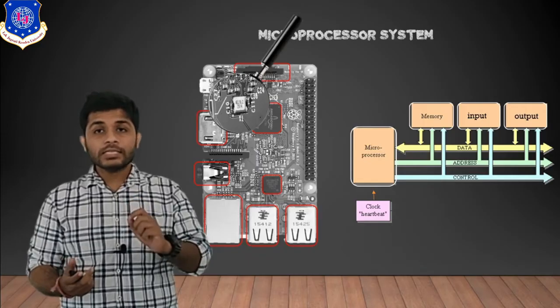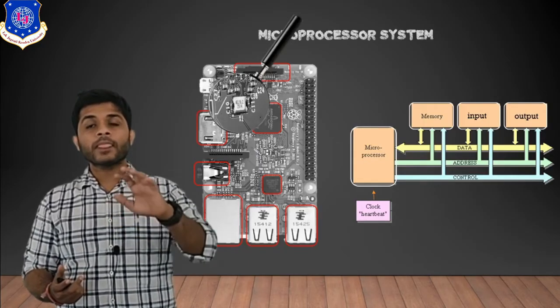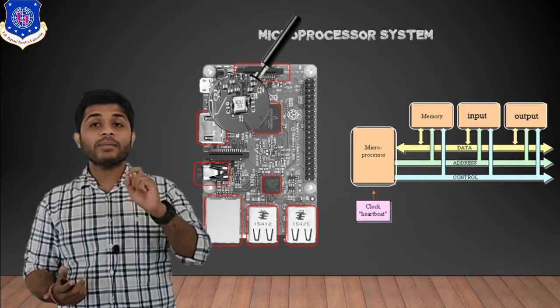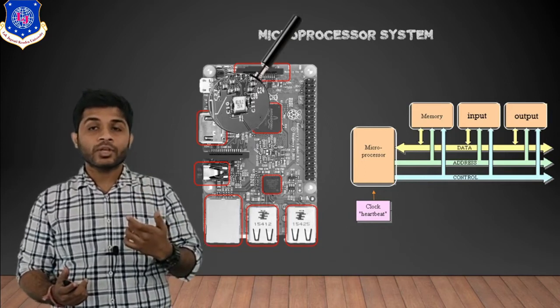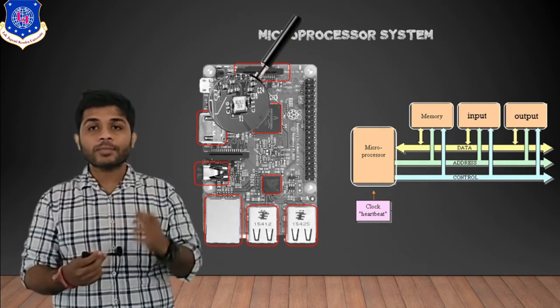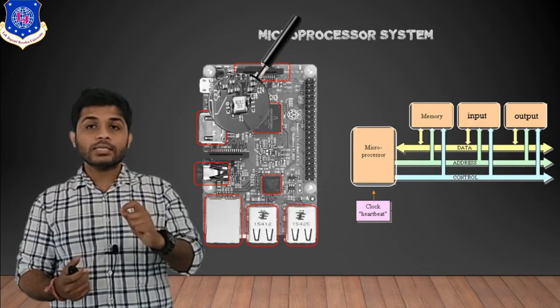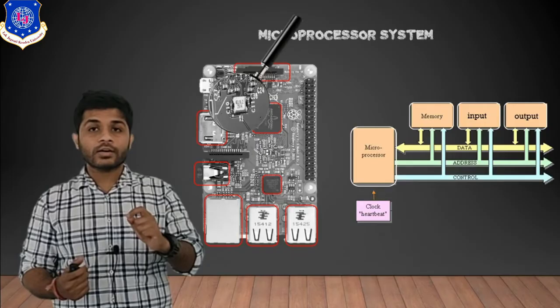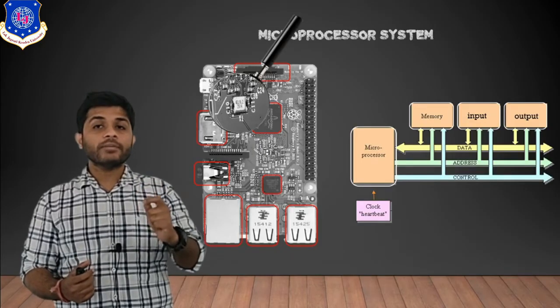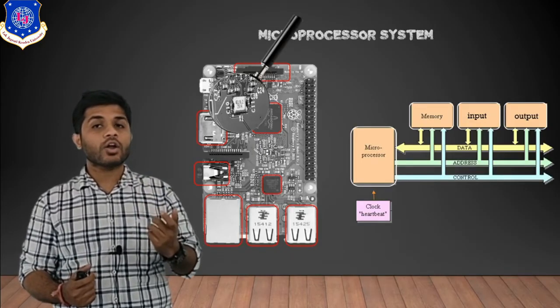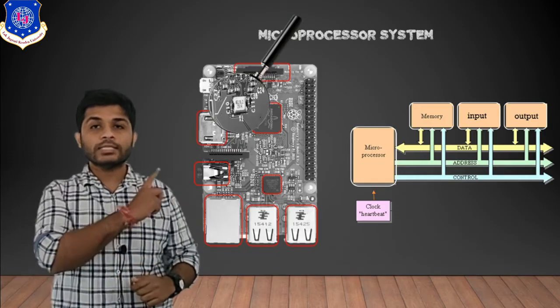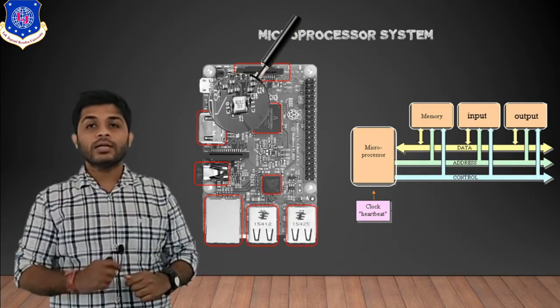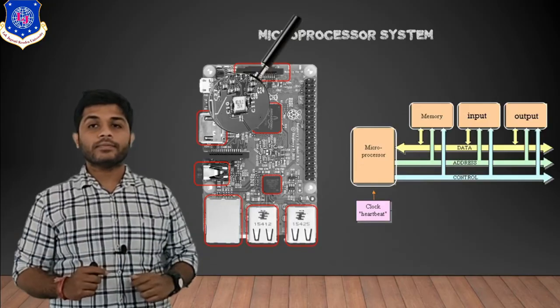It means that the processor present in the laptop is working at a particular frequency. To do some calculation, the processor requires a frequency as a reference, and this frequency is generated by a device which is known as a clock or crystal. And you can see on the Raspberry Pi board, the clock is there.